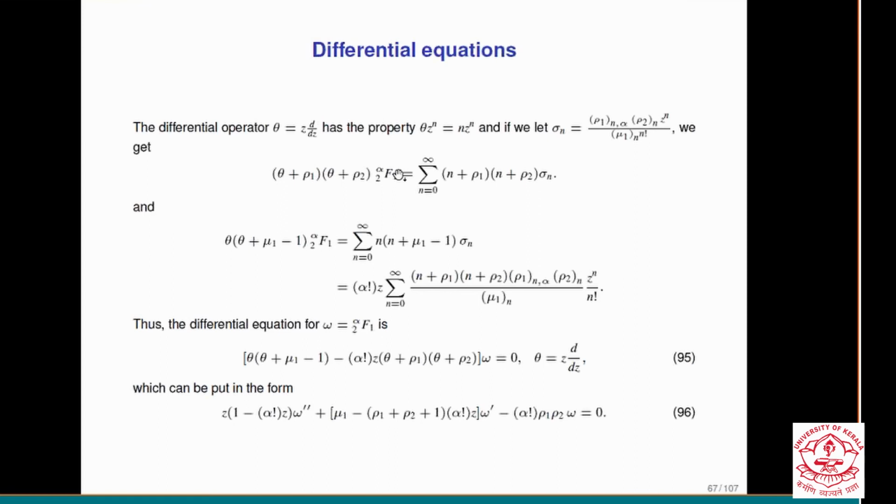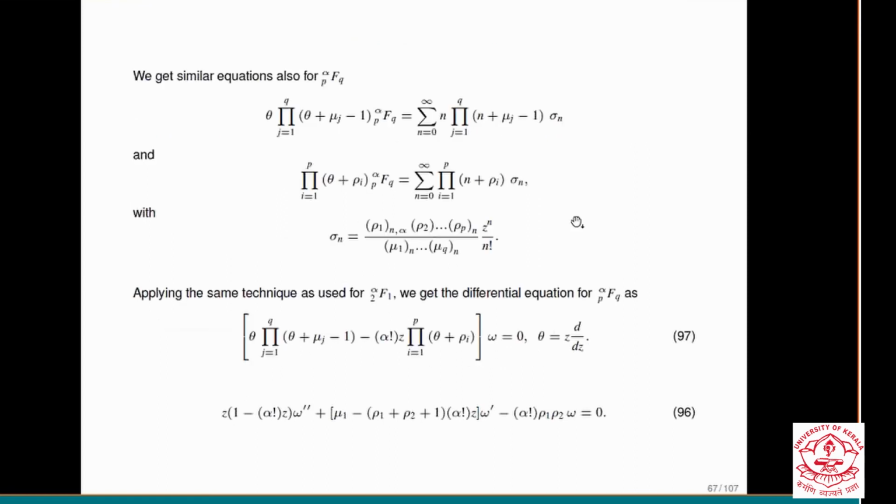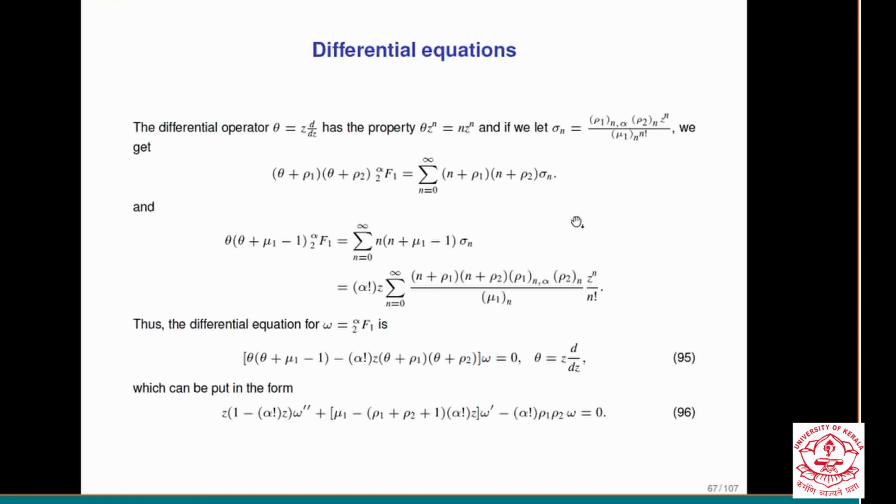Using this, we get this one. Thus we can say this differential operator omega is equal to this 2F1 with parameter alpha. So finally we got this result.